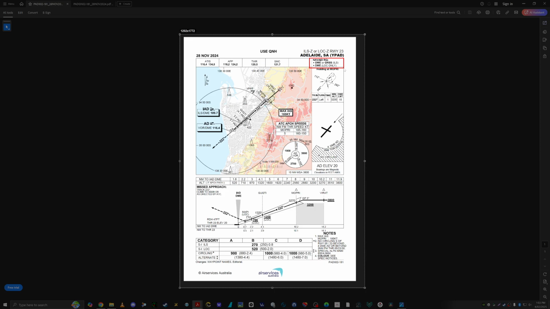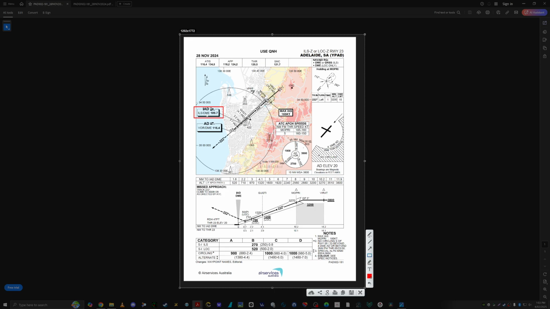The first thing, of course, is what you need to do this approach. For the ILS, you need DME or GNS, as you can see, and for the localizer only, you just need DME. We'll get onto that a little later on. One of the most important things is getting the frequency right.